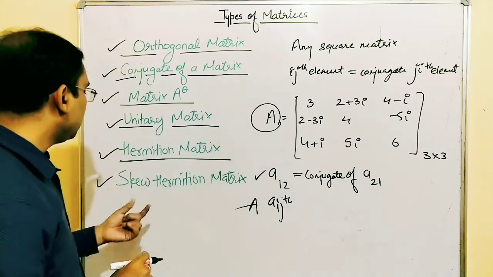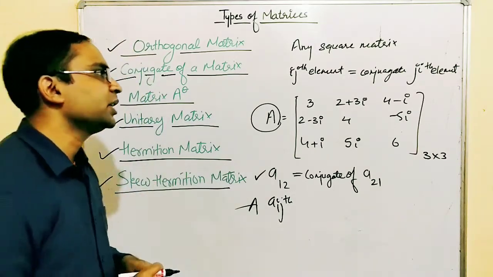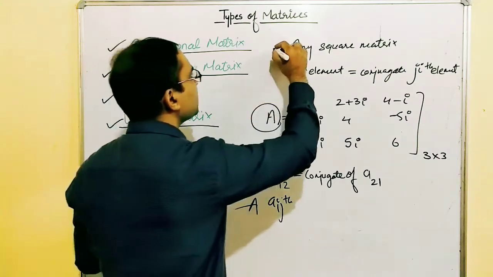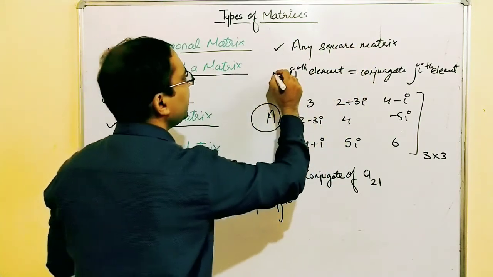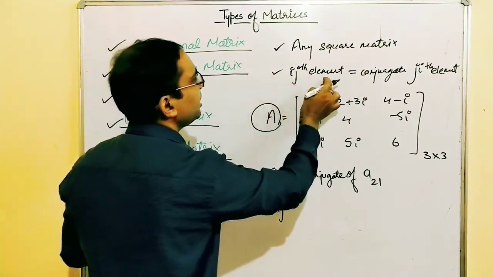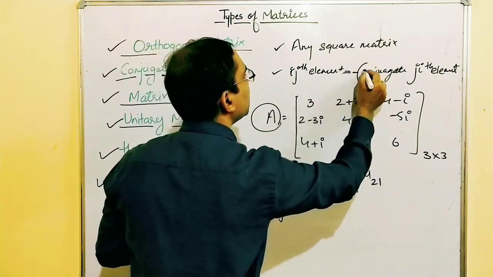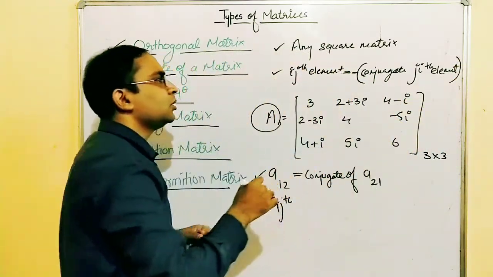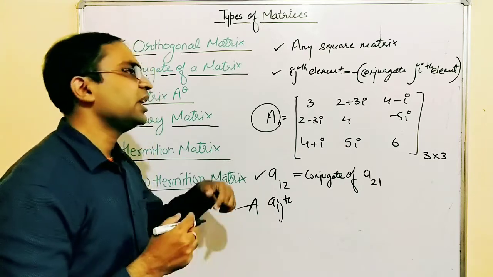Now let's talk about the skew Hermitian matrix. It's a little bit similar to the Hermitian matrix with a very small change. The first condition remains the same: it has to be a square matrix. And the second condition: the ijth element should be equal to the negative conjugate of the jith element. So this is an addition.